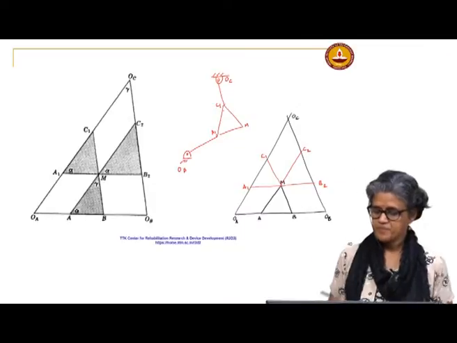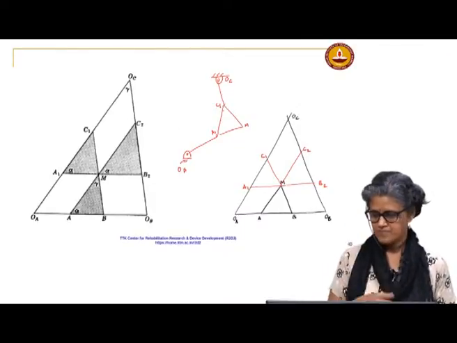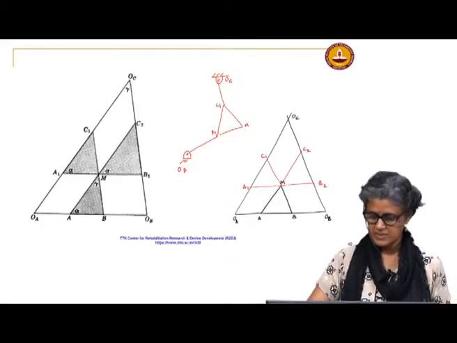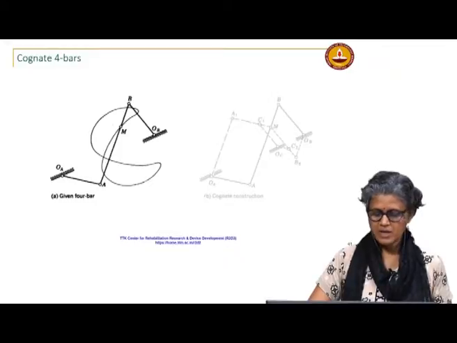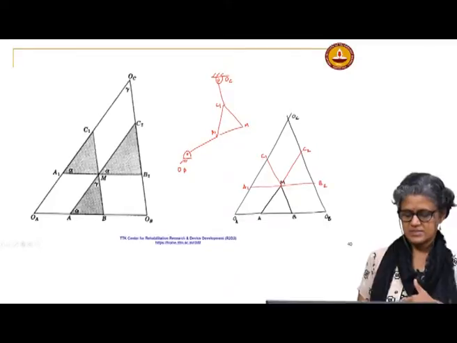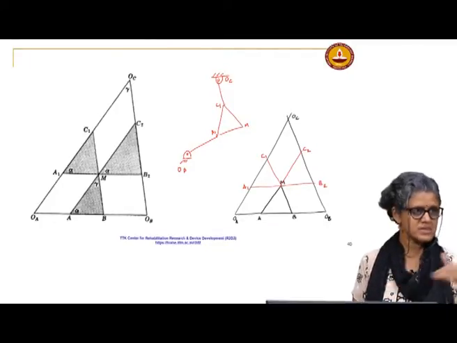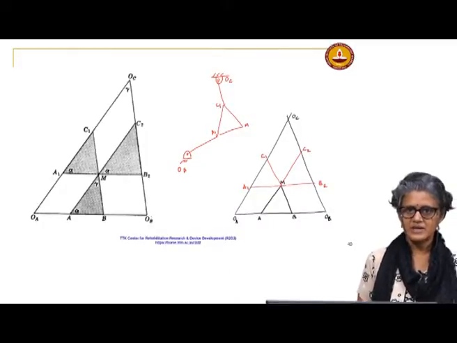Because there were some questions after class about this, I thought I will repeat that. Now, if M is away from the coupler base, so that AMB forms a triangle, this is valid.